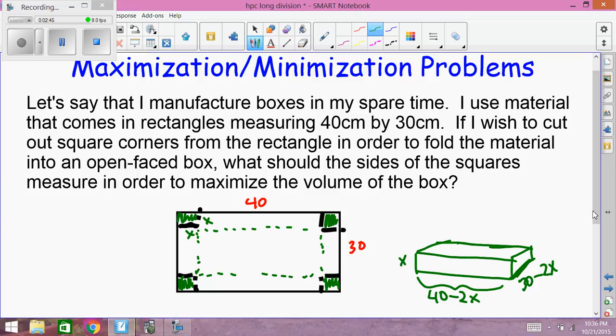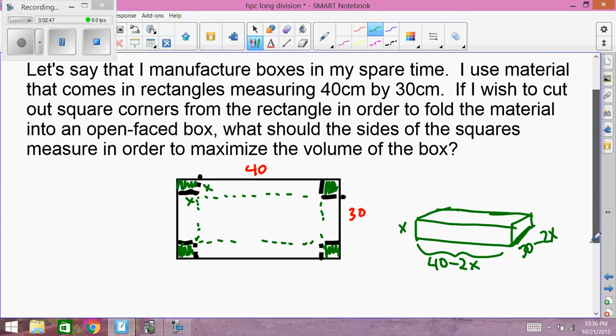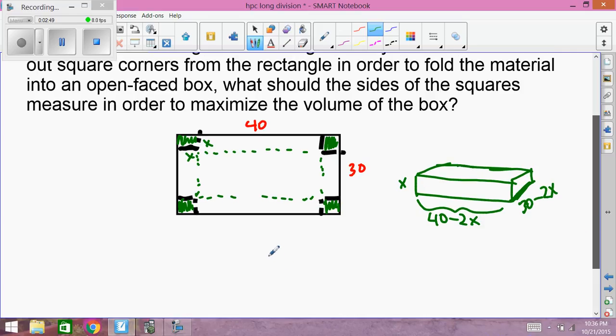So the volume of this box is going to be, and I'm going to say the volume as a function of x. So the volume will depend on the size of the sides of the square that we cut out of each corner.